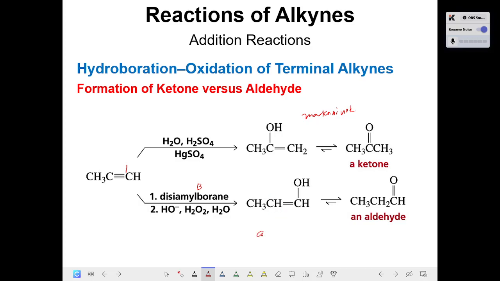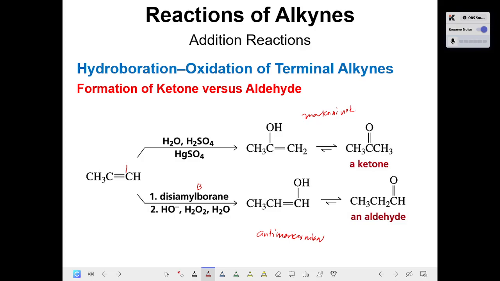So, ang tawag dito is yung anti-Markovnikov na addition. Kasi when say, di ba Markovnikov, yung H will attach to the carbon with more H. But since this is anti-Markovnikov, the H will attach to the lesser, yung carbon with the lesser hydrogen.